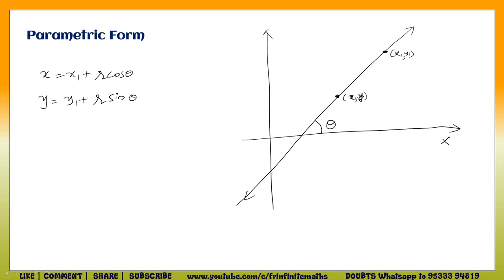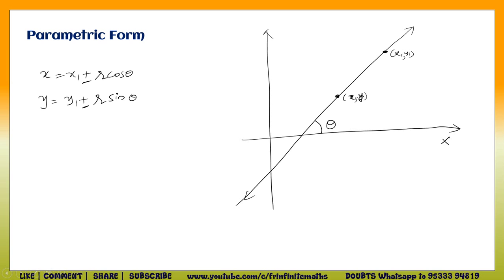Sometimes it will be considered minus also: x = x1 - r cos theta, y = y1 - r sin theta. Now how do we obtain this particular thing?